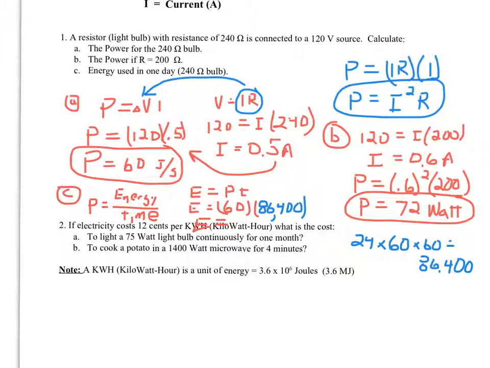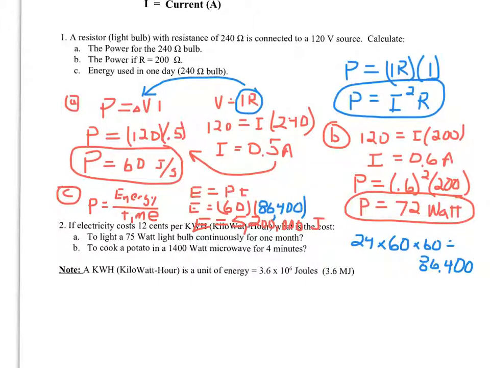Hopefully you got space there. 60 times 86,400 is 5,200,000, 5.2 megajoules, or 5.2 times 10 to the 6th, rounded off to 2 sig figs. 5,200,000 joules.